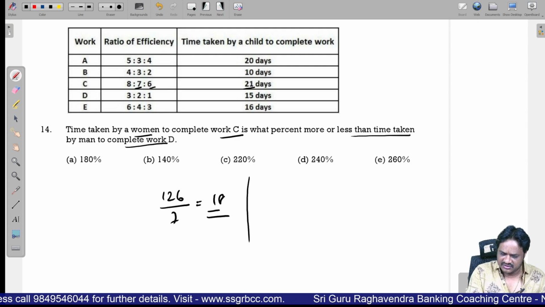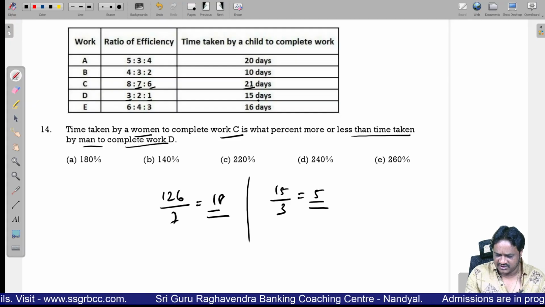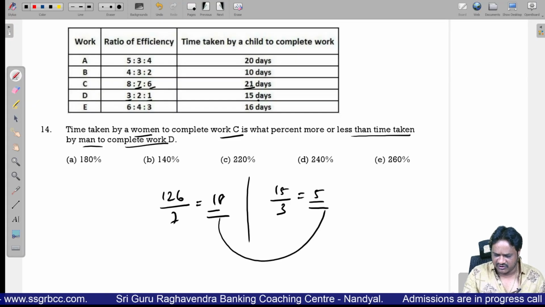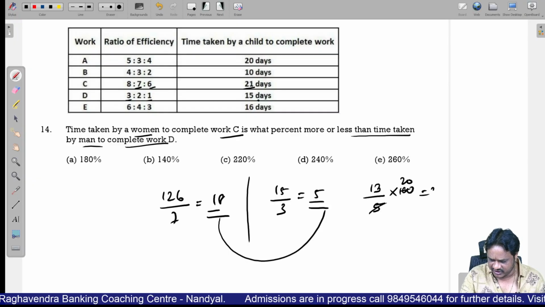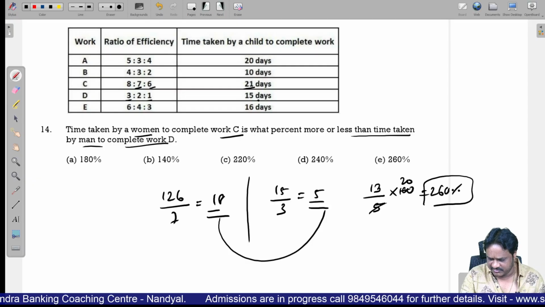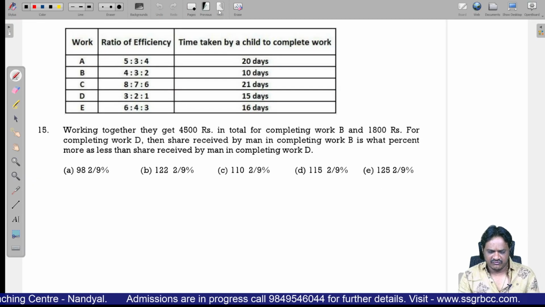Then work D, man. So first of all, what is the total work? 15. Man means 3. 15 by 3, 5. The question is 18 is how much more than 5? 18 is more than 5 by 13. From where it is more? 5. 13 by 5 into 100, we will get 260%. Option 5. 15th one.